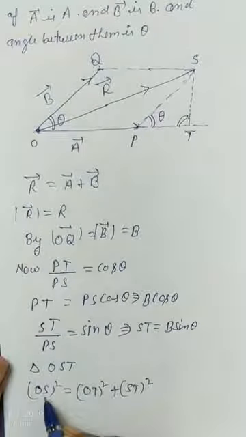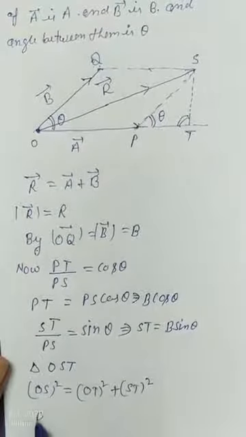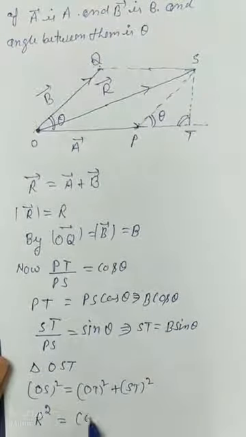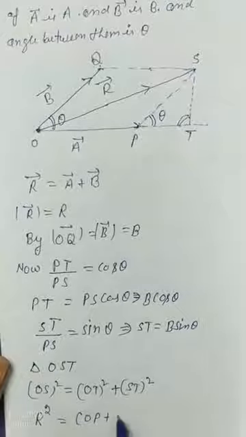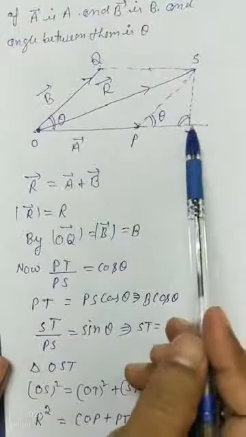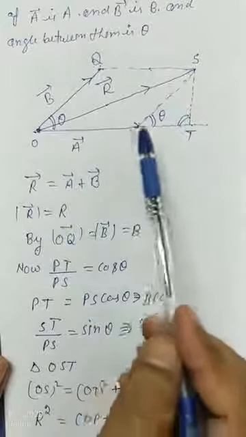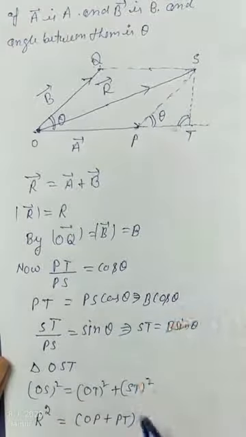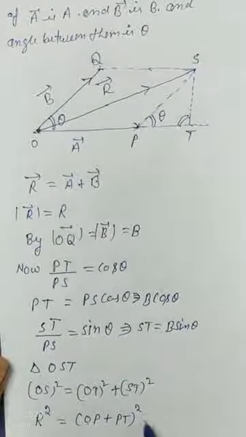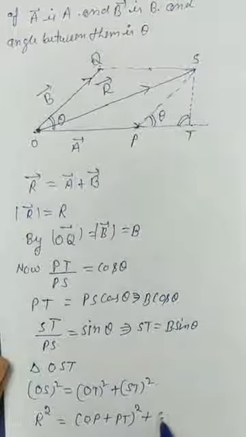OS represents the magnitude of the resultant. OT is equal to OP plus PT. That is, OT square is equal to OP plus PT whole square. Now ST square.